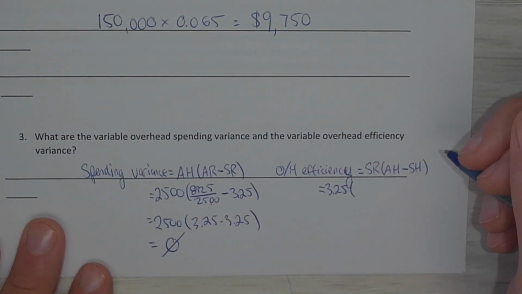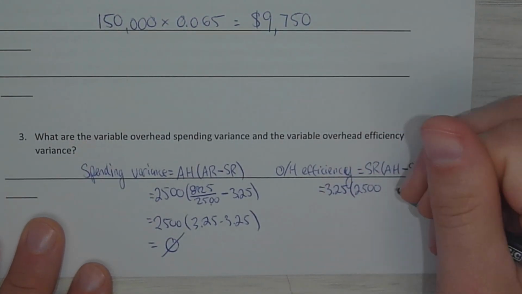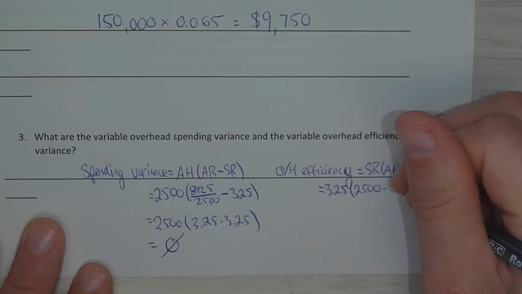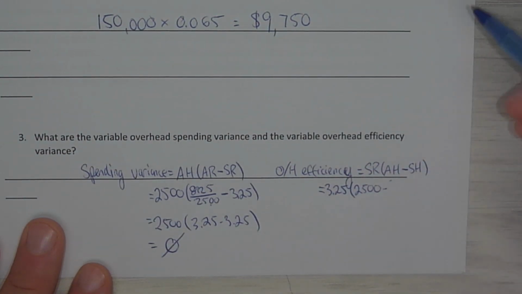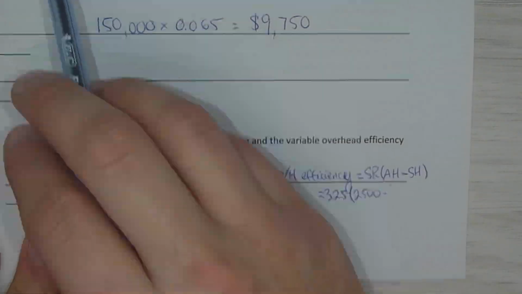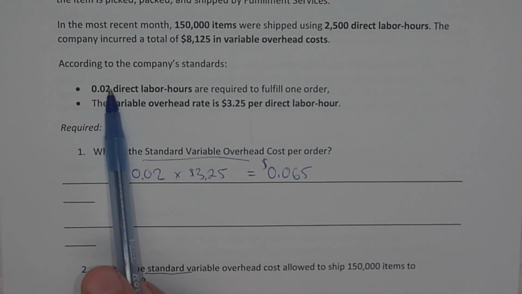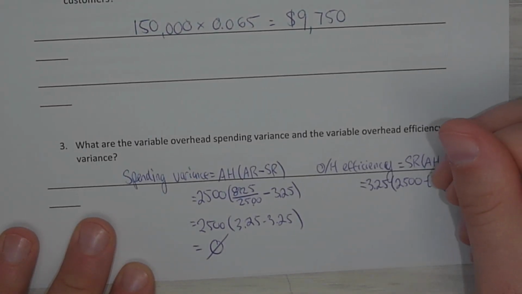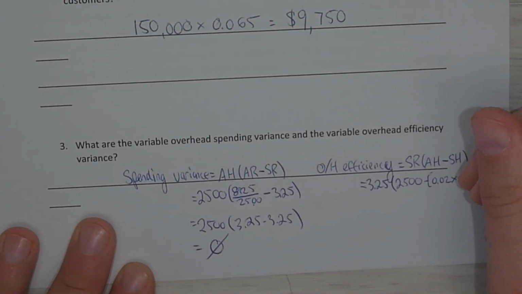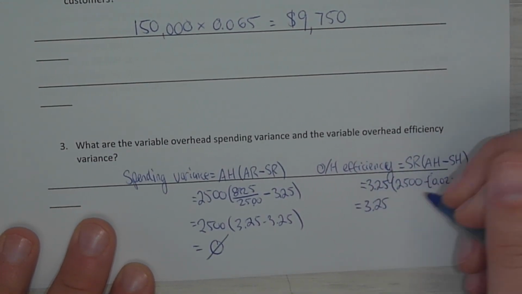Our actual hours was 2,500, minus our standard hours, which should have been 0.02 times 150,000, which equals 3,000.